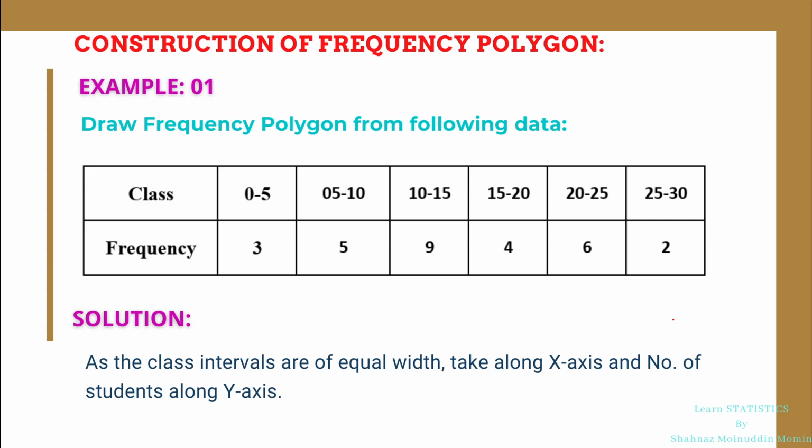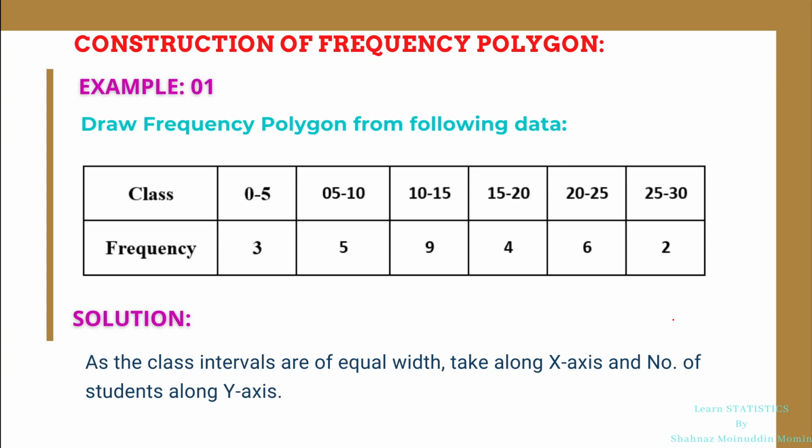Then only can we draw the histogram. In the previous lecture, we have already covered how to construct a histogram by 4 different methods. If a student wants to learn those methods in detail, then click on the I button at the top right corner of the screen, and the link of that lecture is also mentioned in the description below.